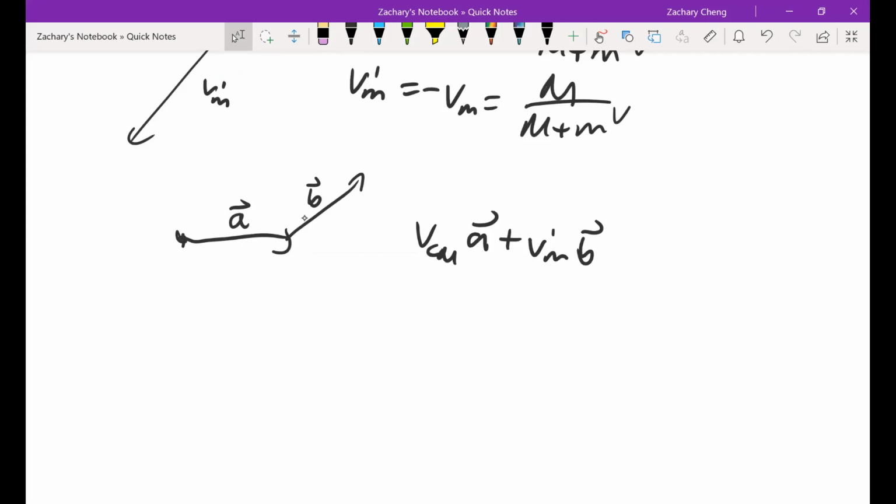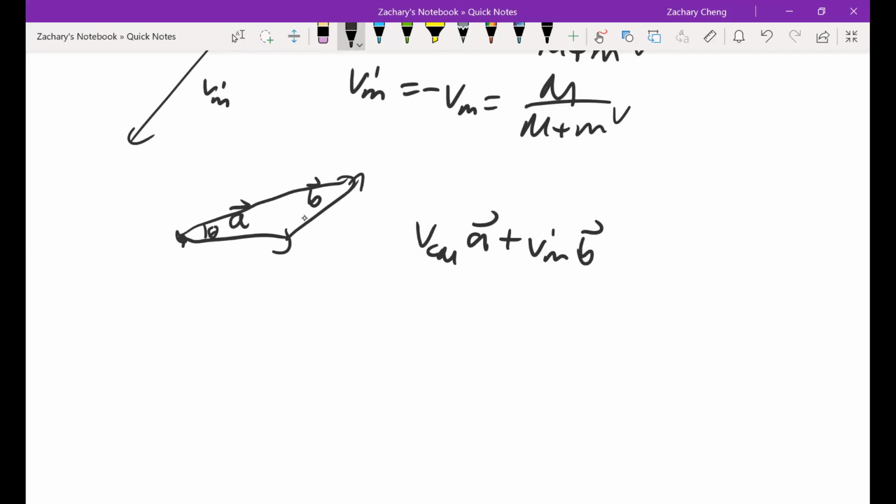Okay, so now we want to maximize the angle of deflection, and since A is horizontal here, it would just be this angle here. So how do we maximize this angle theta?